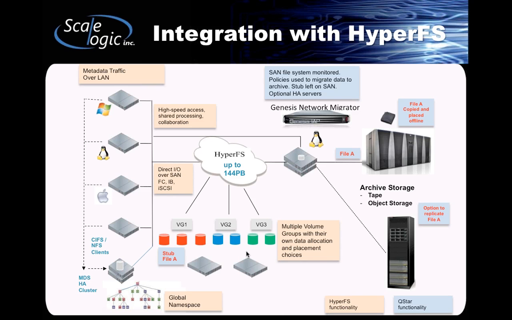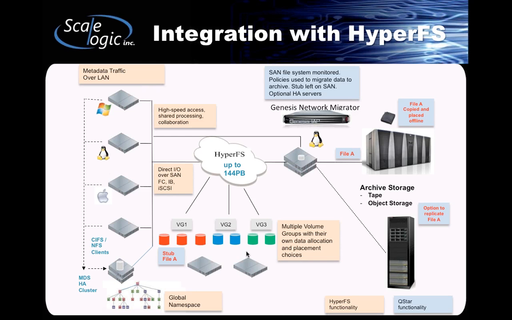If you're just looking for an archive to an existing configuration, we can lay the Genesis Network Migrator right on top of that and do all the things that we said we were going to do. But over the years, we put a lot of effort into integrating this into the HyperFS file system as well to give you a more complete overall solution and allow you to take the IAP server and connect it via fiber.